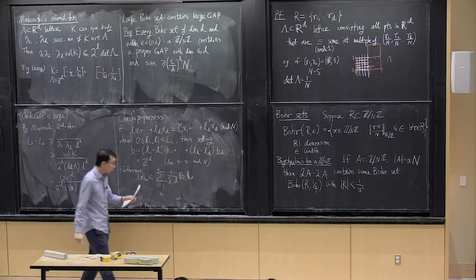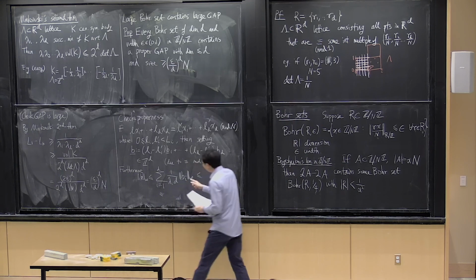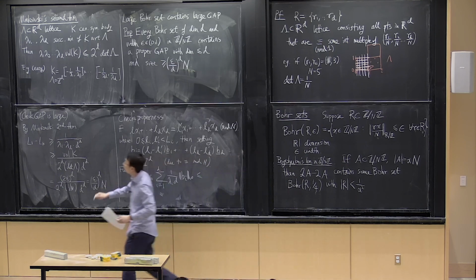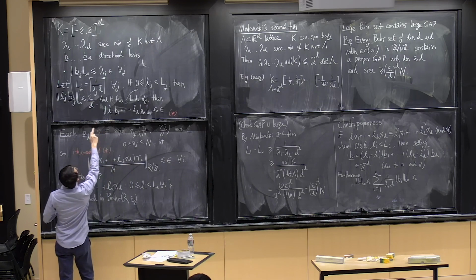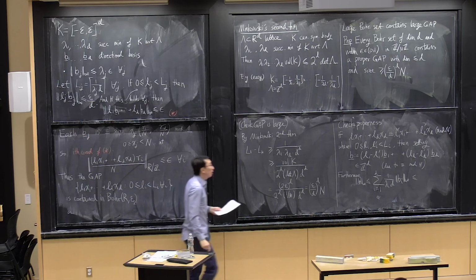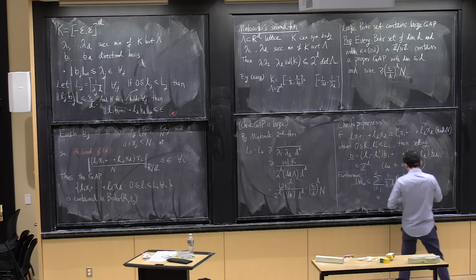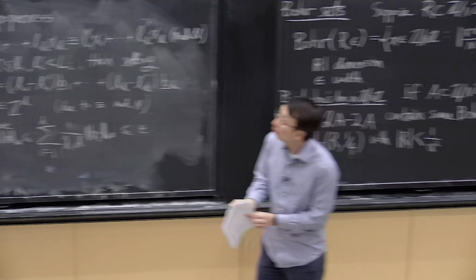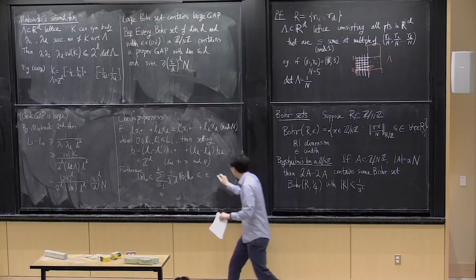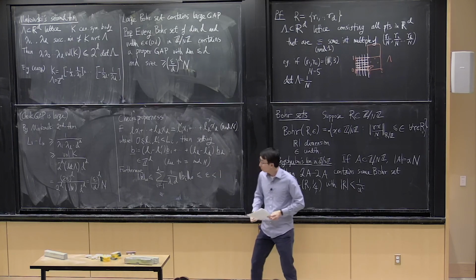All of these numbers are very small, because if you look at what we saw up there for the size of B, this whole thing is at most epsilon, and epsilon is strictly less than 1.